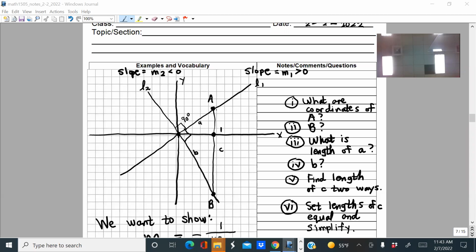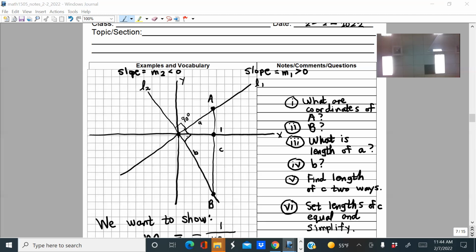When you put in this vertical line, notice you get a bunch of triangles here, right? You get this big triangle. This is a right triangle because this angle is 90 degrees. It's hard to tell, but that big triangle that connects the origin, B and A is a right triangle because the lines cross each other at a 90-degree angle, right?